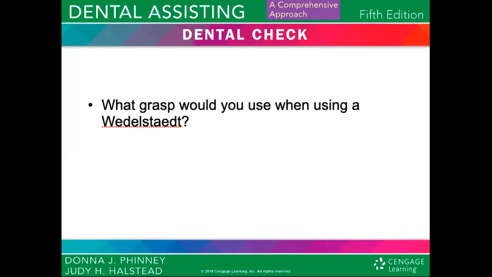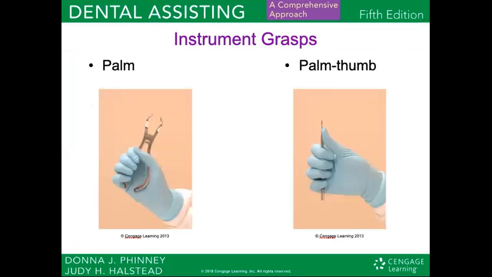Well, for a straight angled instrument like a Wheatl-stat, we would use a palm thumb grasp. That is when, here, I'll go back to this one. So this palm thumb grasp is the way we would hand a Wheatl-stat instrument.